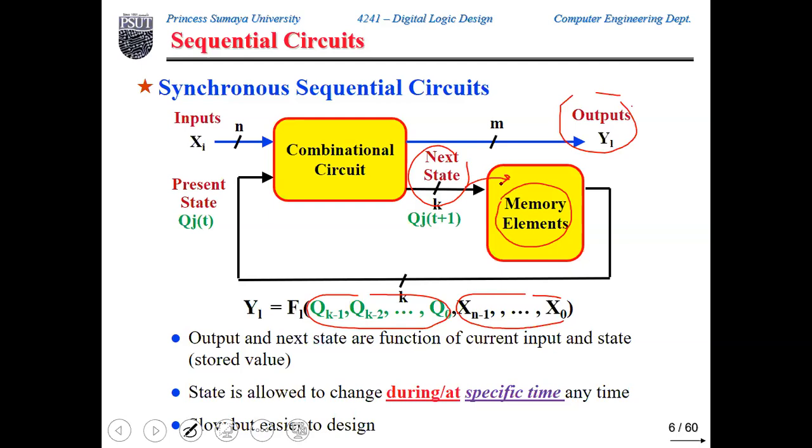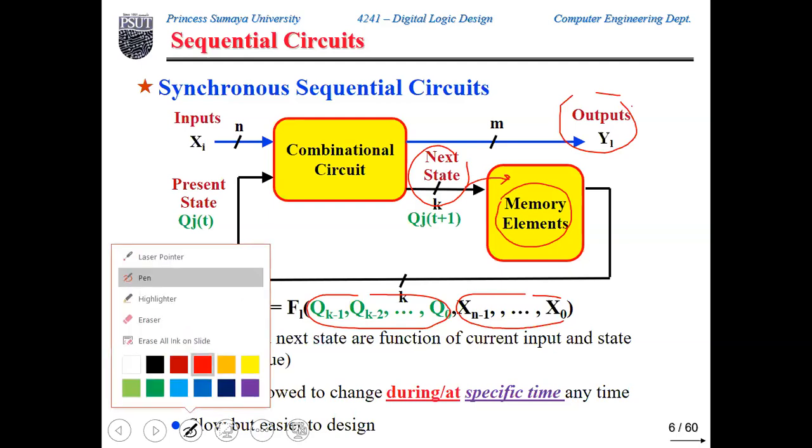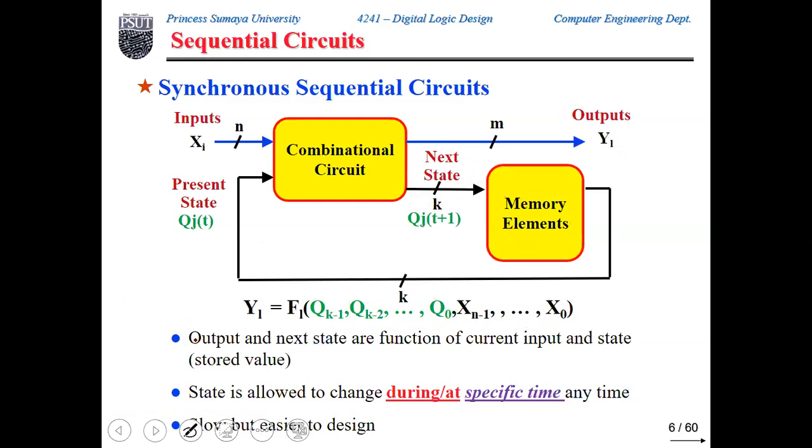However, in the synchronous component, synchronous implies it is synchronized with time. So basically, we need to allow the new value to be stored in the storage element during some time or at a specific time.